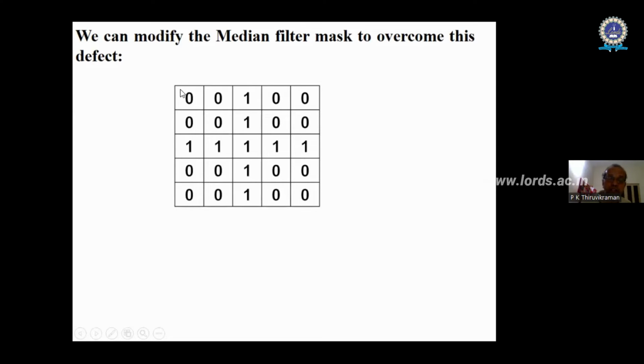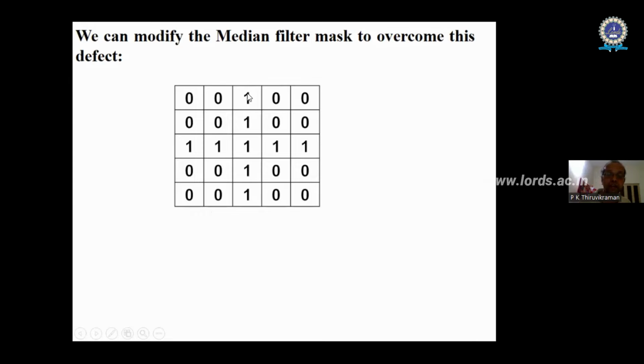So what I have done is I am taking a 5x5 mask. Wherever there is a 0, that means the value of the pixel is not considered. And wherever there is a 1, it's considered. So you can see that there are 5 ones here and 4 ones, so 9 ones are there. So it's like a 3 by 3 mask, but the pixels I am considering are in the shape of a cross. So what will happen now?